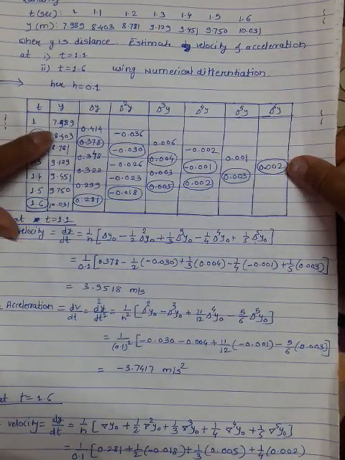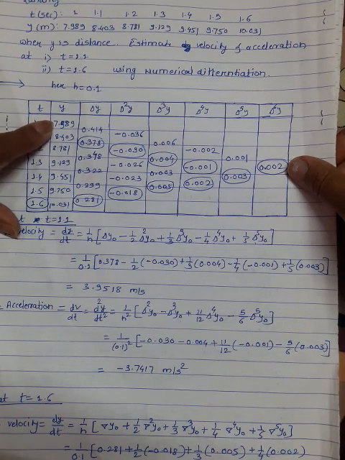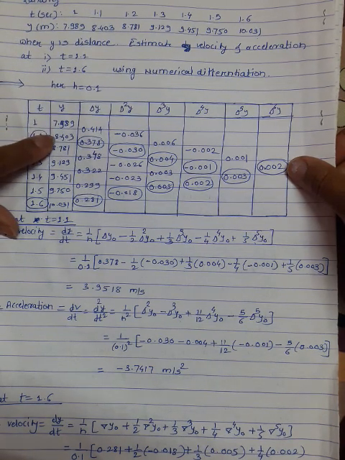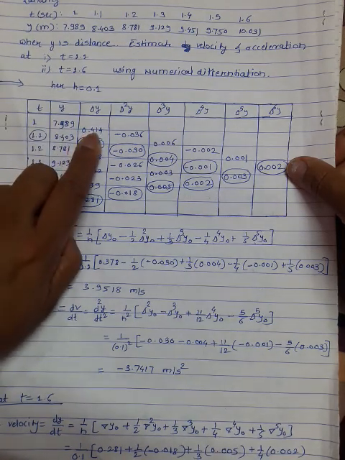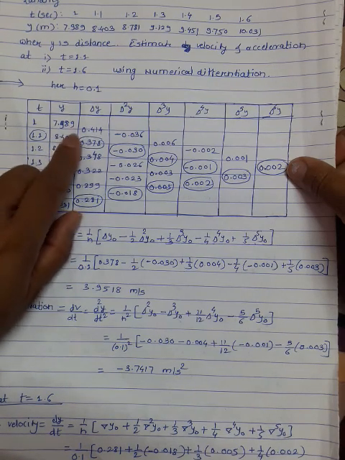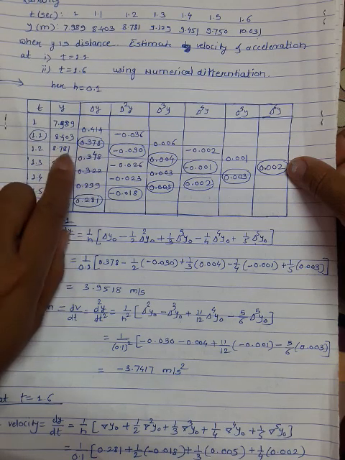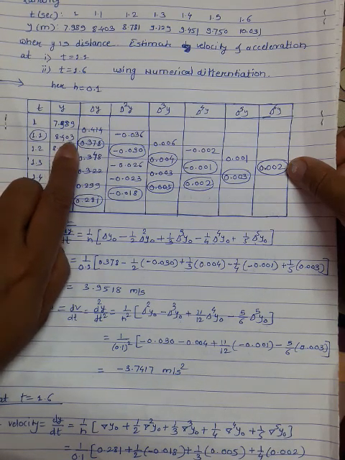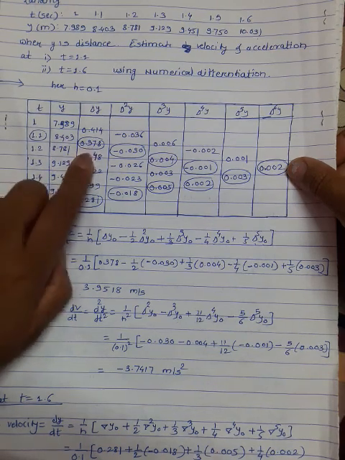Just the difference of the succeeding and the preceding number. 8.403 minus 7.989 becomes 0.414. Write this number in between these two numbers in this column. Now 8.781 minus 8.403, write that number in the middle of these two numbers in this column.